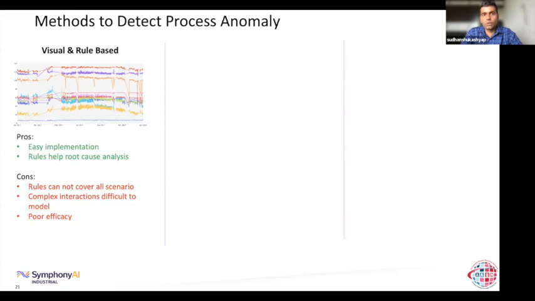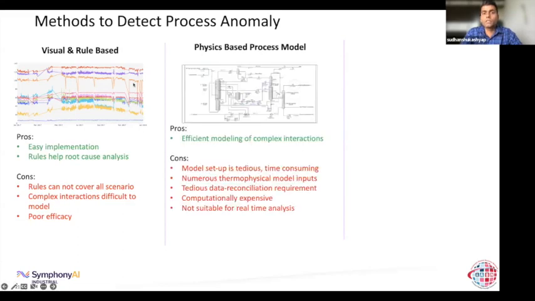not a feasible solution. And next could be a physics-based process model, and we all know we could build a kind of simulation model using first principles. We talked about all those partial differential equations, thermodynamics, and these models are efficient. They work well. They mimic the process behavior very well.